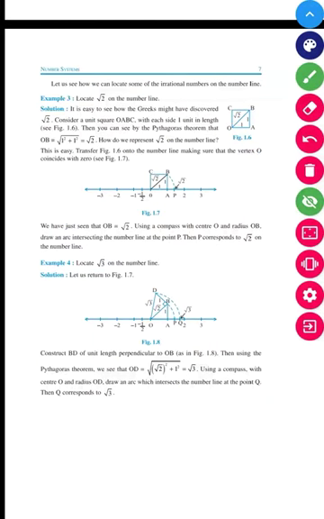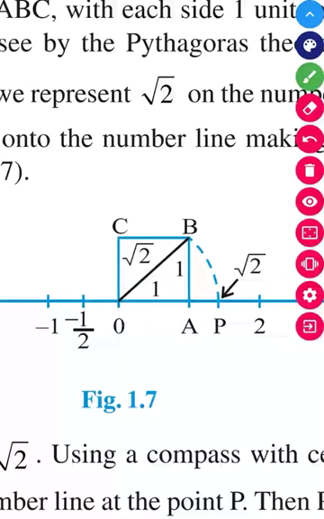In example 3, we have seen the same thing that I did, and from this we can also locate root 3. For example, here we make the root 2. Now this line is root 2, this line is 1 centimeter.